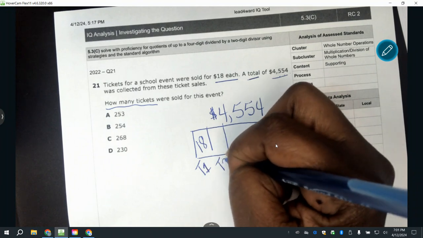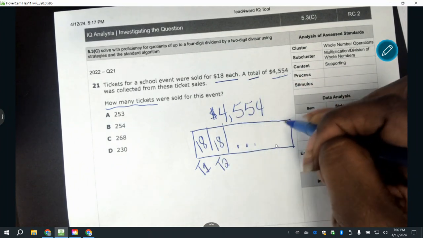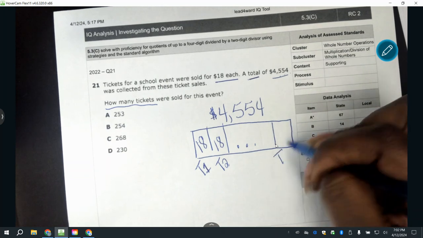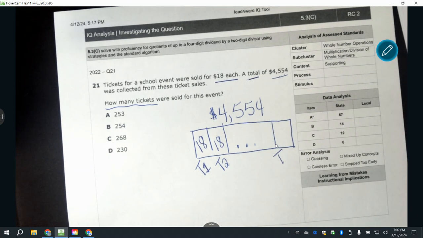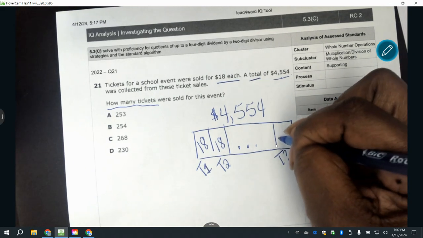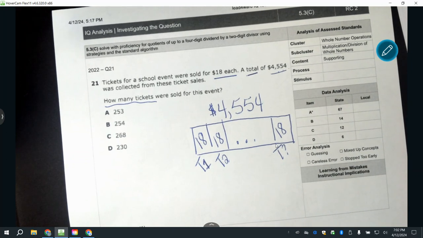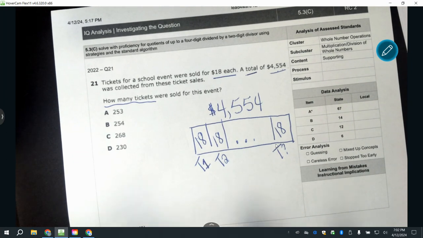Second ticket they sell is going to be $18. All the way down to that mystery number, that mystery ticket. I don't know if that's like the golden ticket, but it is a mystery ticket number. We don't know how many, but we know that whatever number it was, we sold it for, you're right, $18. So when you set this problem up, this is the kind of picture that should be in your head.